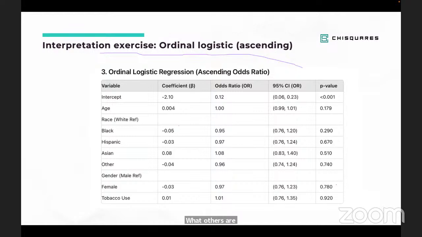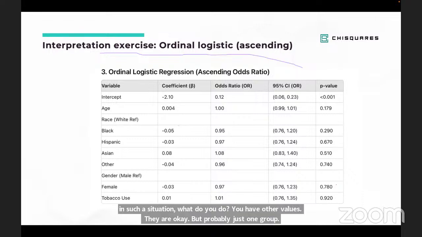By the time you put that in logistic regression, it doesn't give you a result, probably 0, 0 on the confidence interval. So in such a situation, what do you do? You have other values that are okay, but just one group might not have had anyone in that particular group.